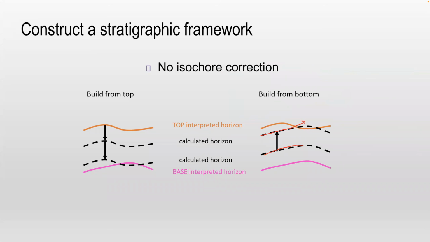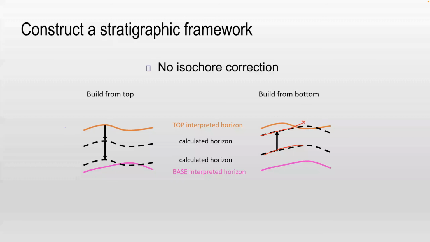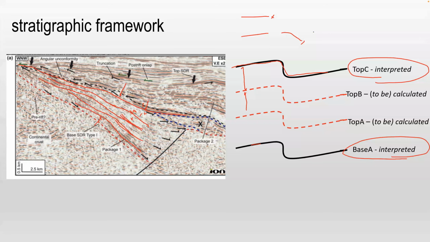So that's not very good. When you create your grids, actually you have not very good grids. So it's better to look like this. At first you create these two surfaces from seismic data. After that, based on creating zones, you have this type of workflow.